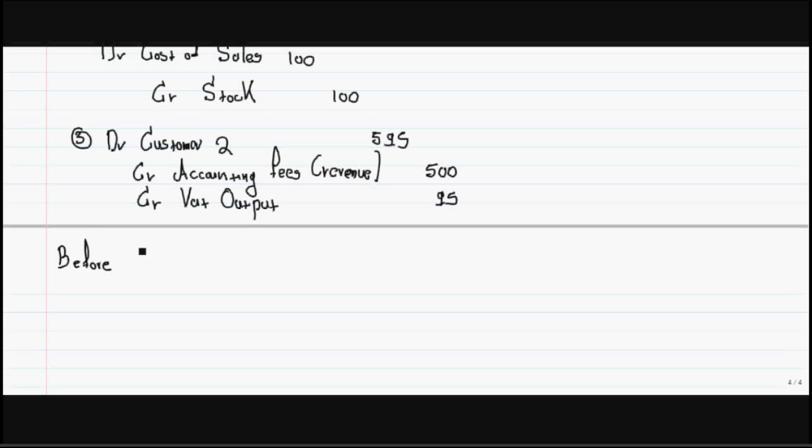Now let's move to our workings before the submission of the VAT form to the VAT authorities. In order to submit the VAT form, we need to prepare some workings. We need to identify the net sales, the net purchases, the VAT input, and the VAT output.